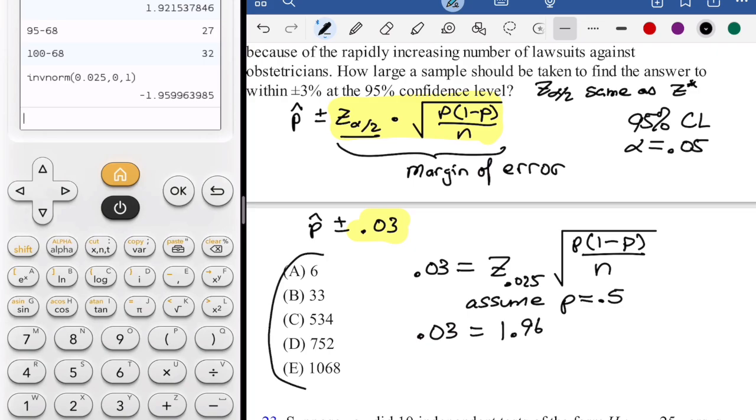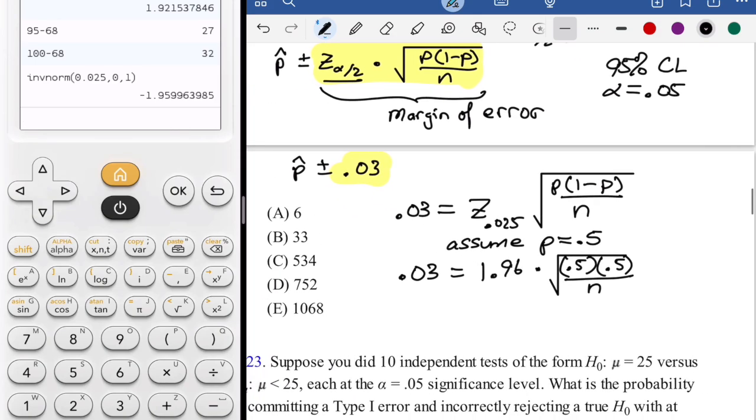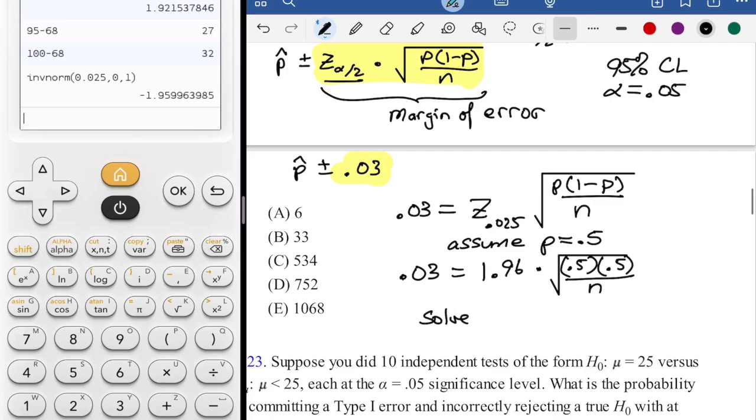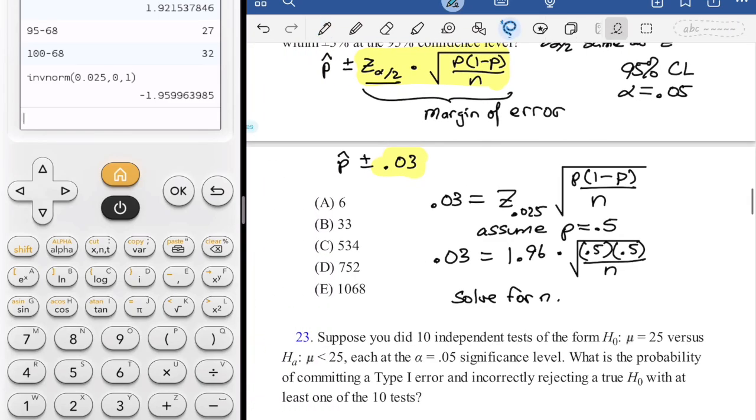Because these numbers are so far away from one another that a little bit of rounding isn't going to be a big deal. So times the square root of 0.5 times 1 minus 0.5, so another 0.5 over N, right? And so we then solve for N. That's the whole idea here. So I'll show out some of the steps here.